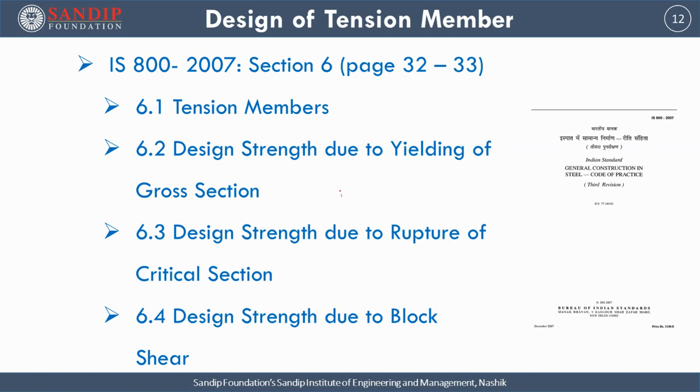So it's TDG. It is the design strength due to yielding. Then design strength due to rupture is denoted by TDN. And design strength due to block shear is given by TDB. Out of these three, whichever is least will be taken as the design strength of the tension member.